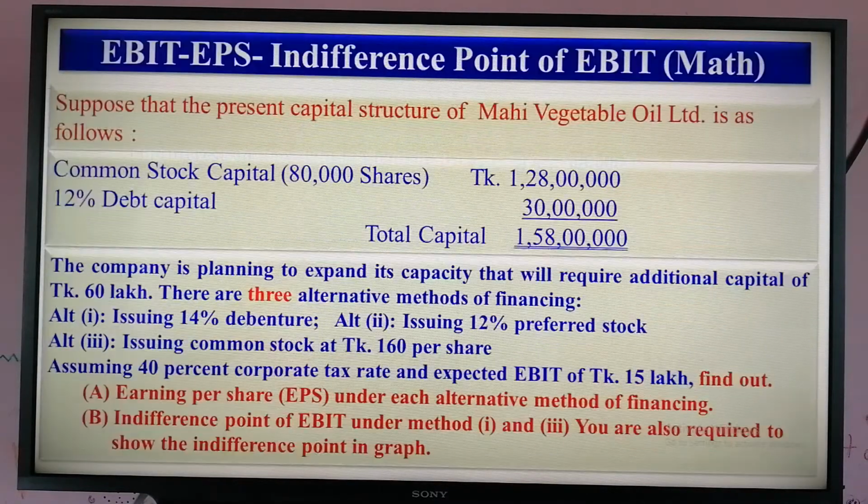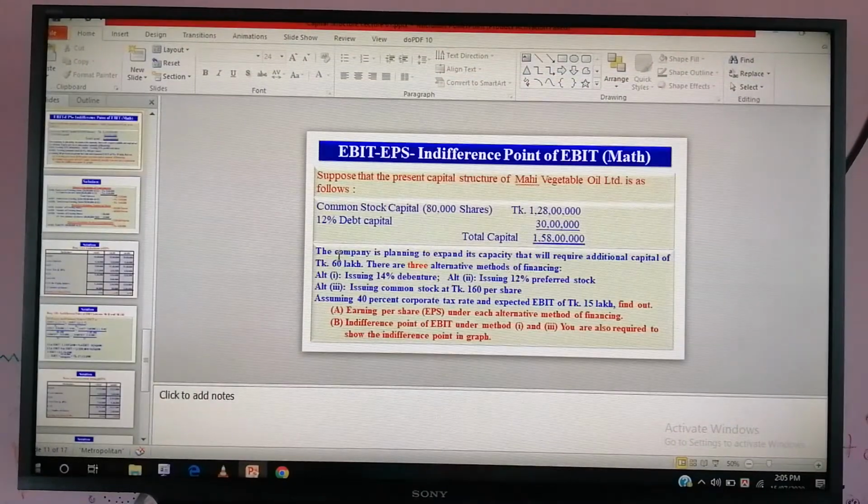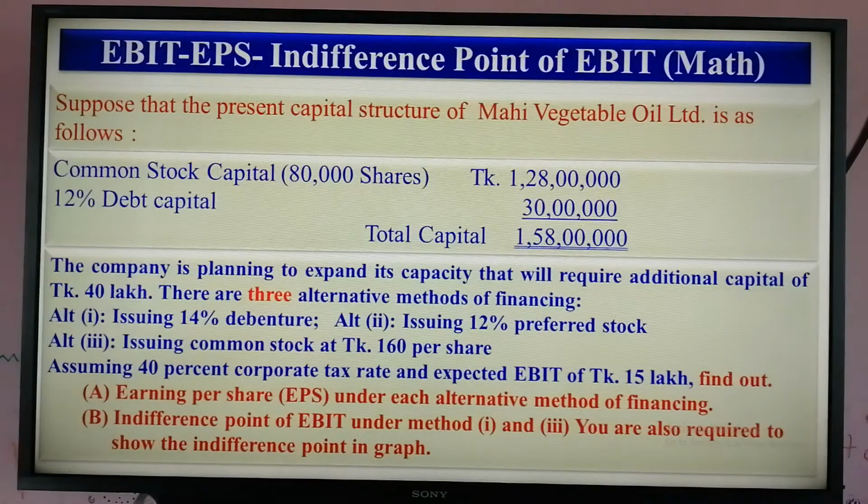Please let me go back. For example, the company needs additional 40 lakh capital, not 60 lakh. That will help us, otherwise we have to change many things. If we keep it 60 lakh, the total mathematical terms will change, so it is better to keep it 40 lakh, for adjusting with the mathematical solution.